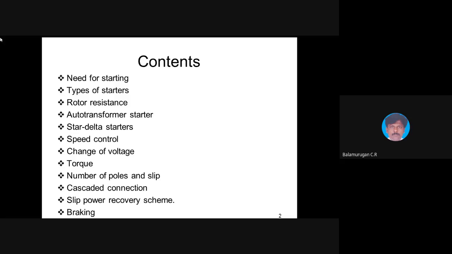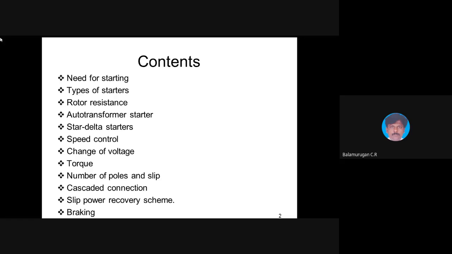Before that, I will give some more idea about the need for a starter. It is used to limit the starting current, as well as to limit the overload. The starter is not only used to limit the current during starting. During running, if the machine is overloaded, we have something similar to the OLR, overload release, in the DC machine starter.